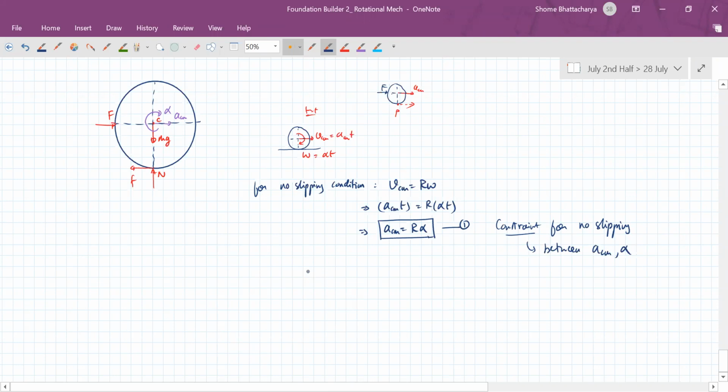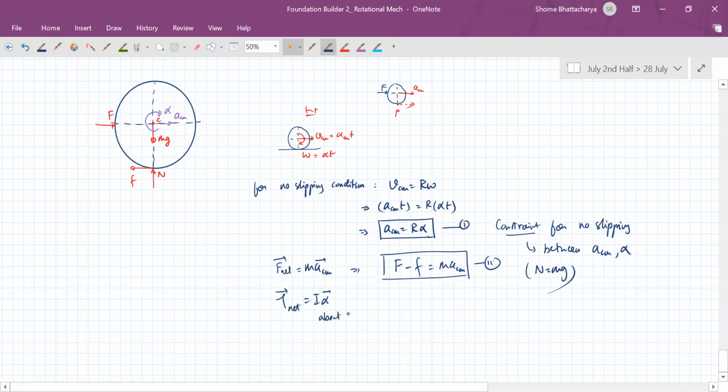And the next thing is translation. Net force is equal to mass into acceleration of center of mass. So here that will tell us that capital F minus friction is equal to M A_CM. Obviously, normal reaction is balancing weight, so we don't have to worry about the vertical direction. And the third equation is the rotation equation, that net torque is equal to I alpha about center of mass.